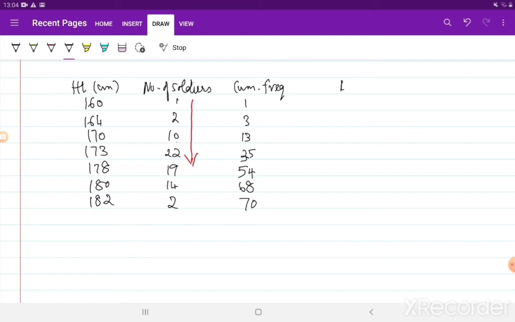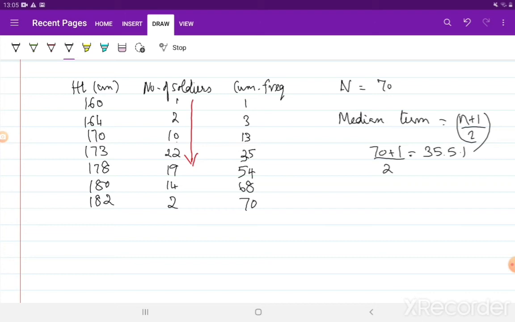Since the total number of observations is 70, my median term will be 70 plus 1 by 2, which is 71 by 2, which is the 35.5th term.